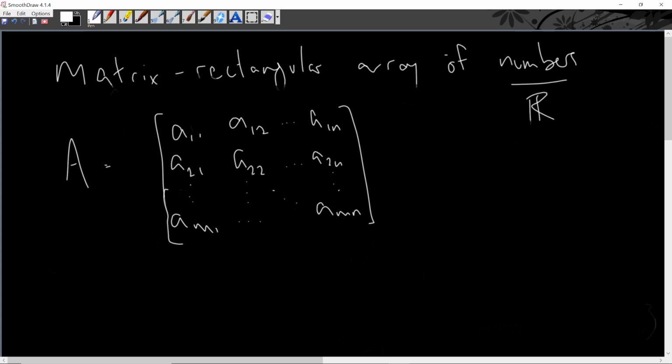And then B can be an i by j, right? Let's say that A is m by n, and let's make B n by p, making sure that these inner dimensions are the same, just for now.